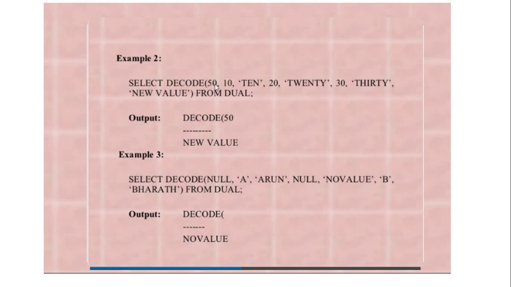Similarly, in the next example, we are given this base expression as 50. This is our compare 1, compare 2, compare 3, and now this is our default value. So now you can see that it is not matched with any of the compares, so it will return this default value, that is new value. When default is not given, it will be null.